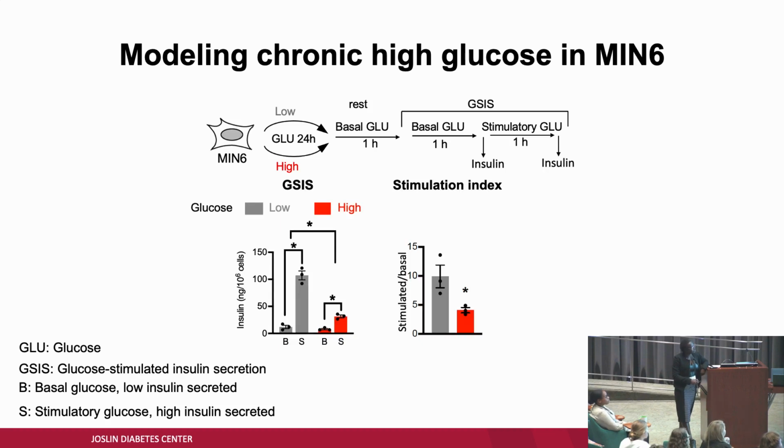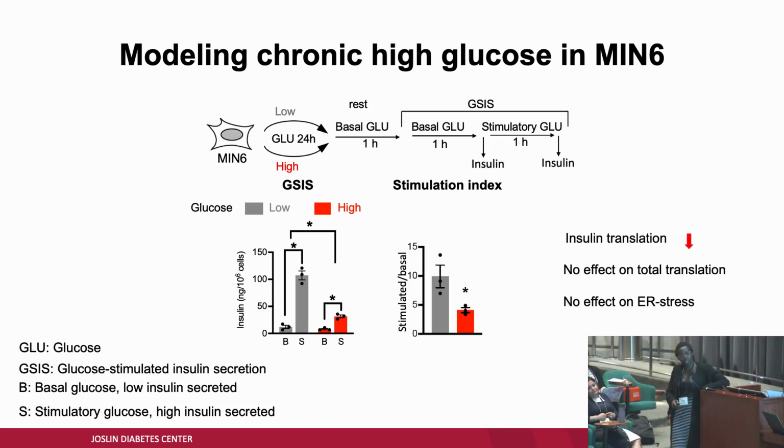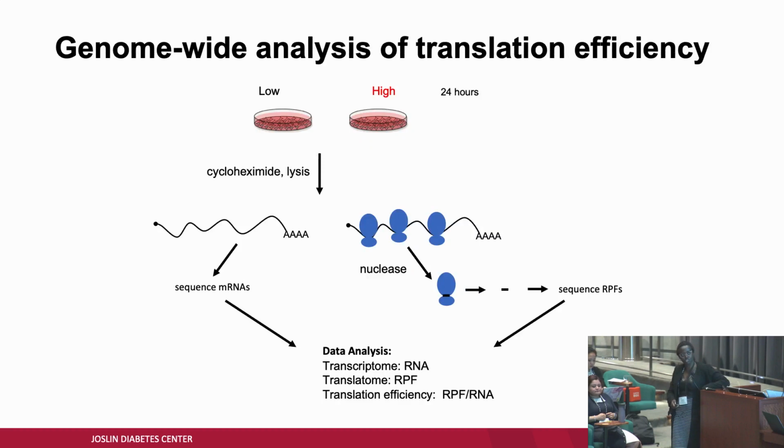As expected, the cells incubated in low glucose are able to secrete a high amount of insulin when challenged with high glucose, but they lose that when incubated in high glucose conditions. This was a model that I then used to check a few things. First I looked at insulin translation specifically, and this was decreased, although total translation was actually not affected. And we didn't detect any ER stress resulting from the high glucose exposure.